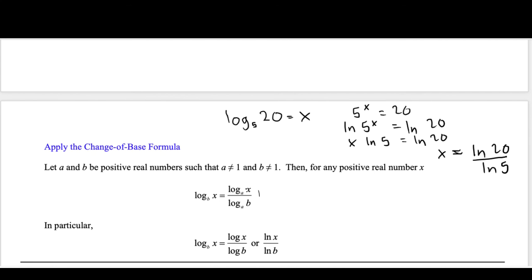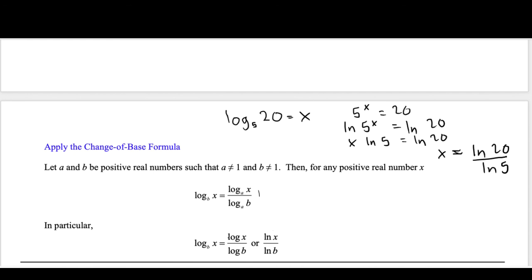Okay. Now you can choose any value you want for a, but there's only really two values that make sense, either e or 10, so that we can use either natural logarithms or common logarithms, right? So, for example, log base b of x can be written as log x divided by log b, or ln x divided by ln b.